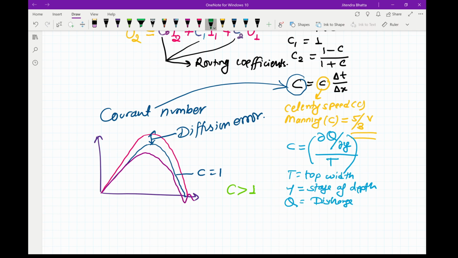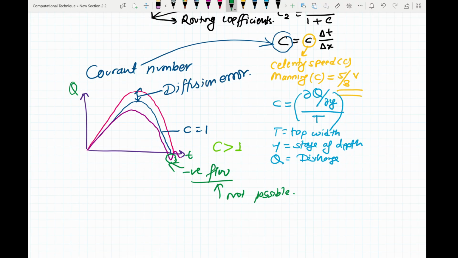Now here you will see that it has some negative flow. This is a Q-T curve, which is not possible. Therefore, generally we select our delta t and delta x such that our Courant number equals 1. So that's the limit on it. That's how we define our time step and our spatial interval.